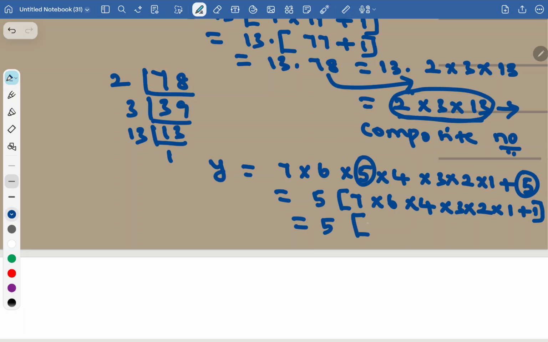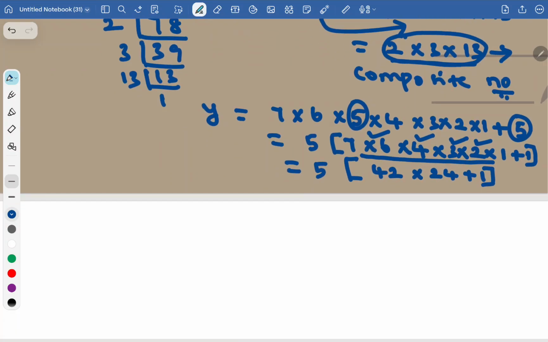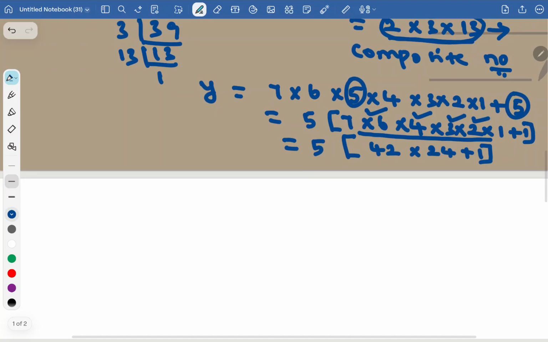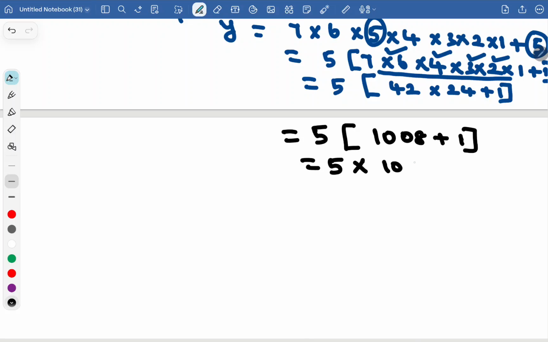Multiply all these values. 7 into 6 is 42, 4 into 3 is 12, 12 into 2 is 24, into 1 is 24. So 24 times 42 gives 1008, plus 1, which is equal to 5 into 1009.